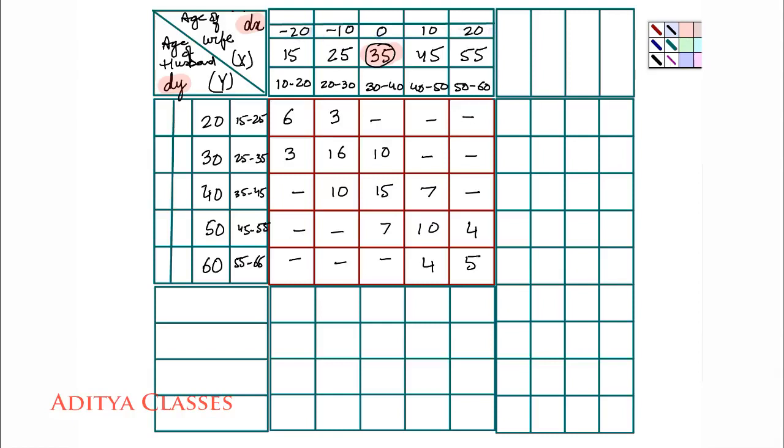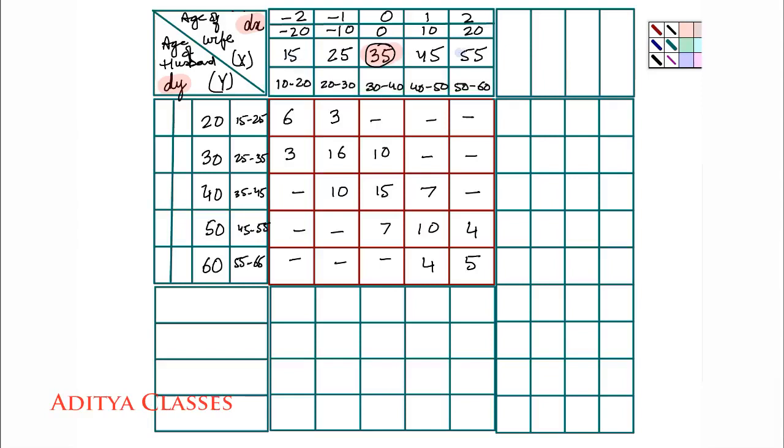But still, if I have a look at these, they all have a common divisor of 10, so they can still be reduced. So let us divide them all by 10. If I divide this by 10, I'll get minus 2, minus 1, 0, 1 and 2. So what I've done is, I've taken the mid values because I cannot work on continuous data.